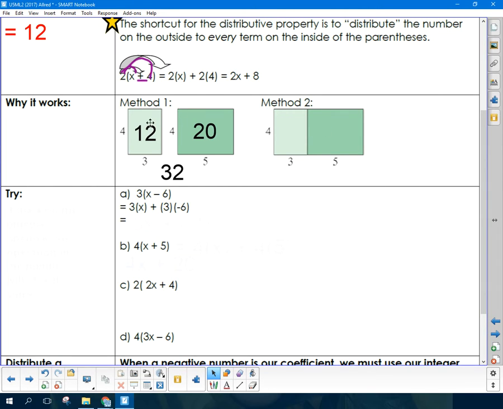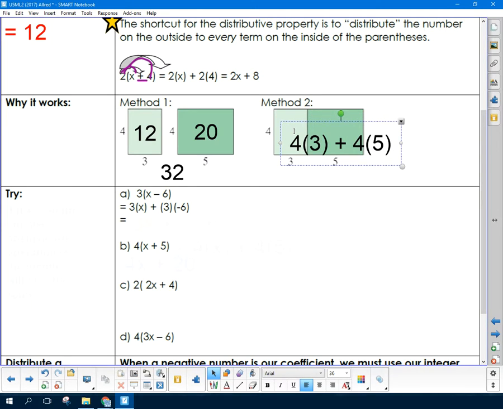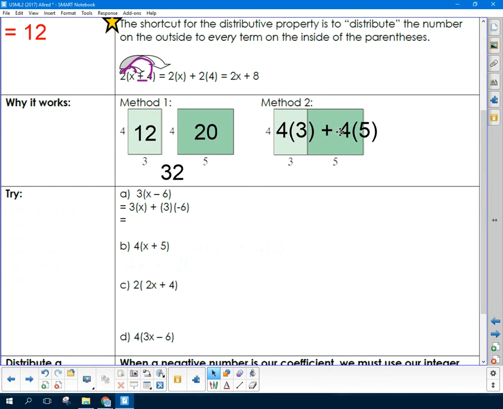So instead of doing them both separately, doing 4 times 3, figuring out what that is, and then adding 4 times 5 to it, I can do 4 times 3 plus 4 times 5 in the same step. That's the distributive property.